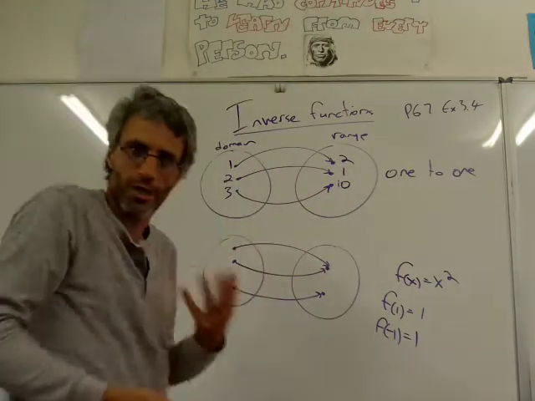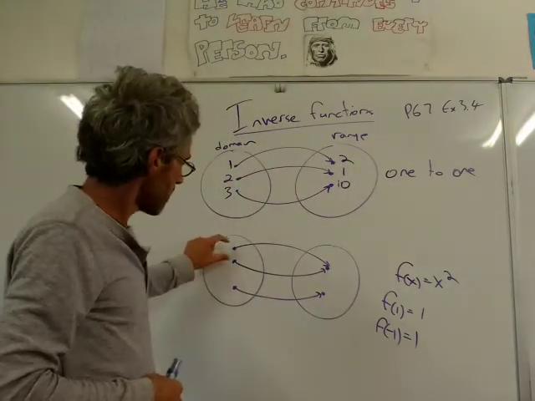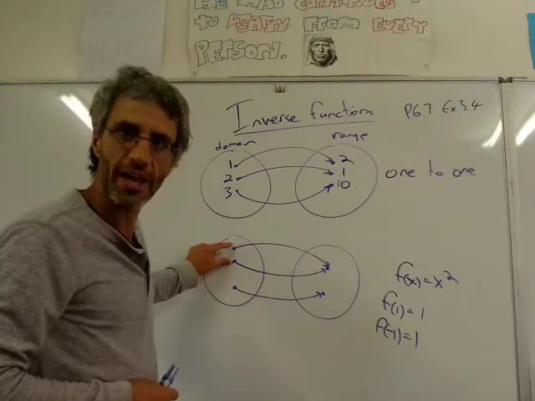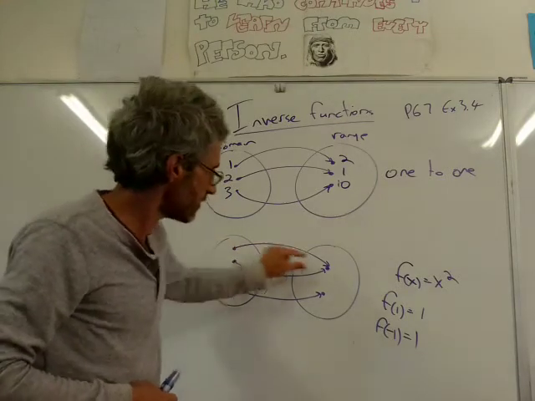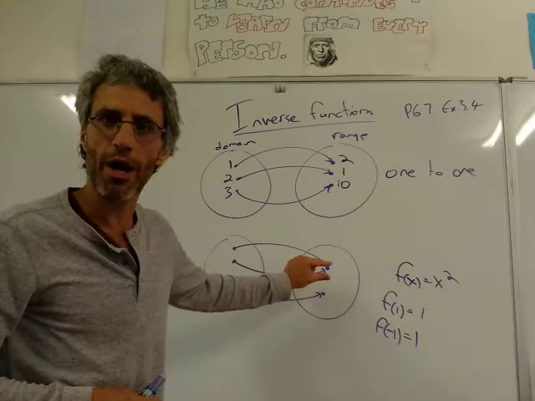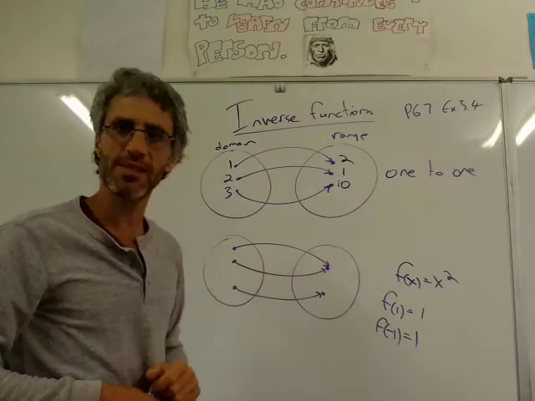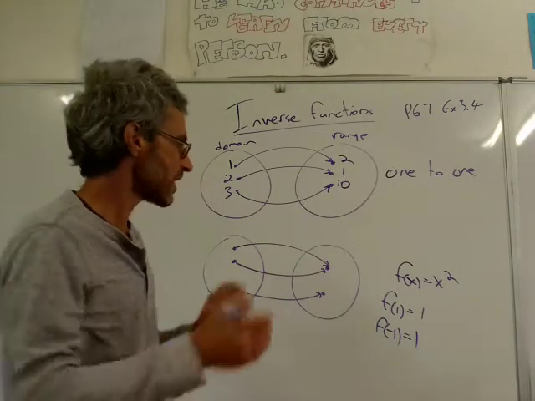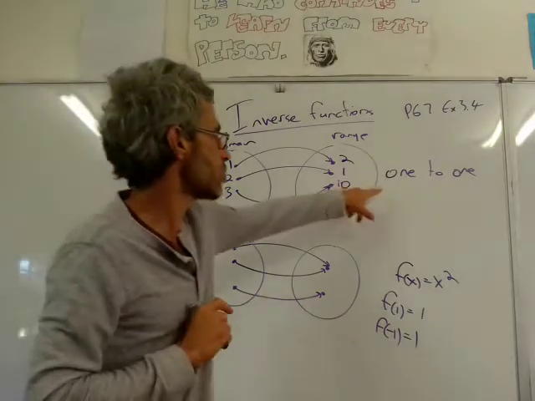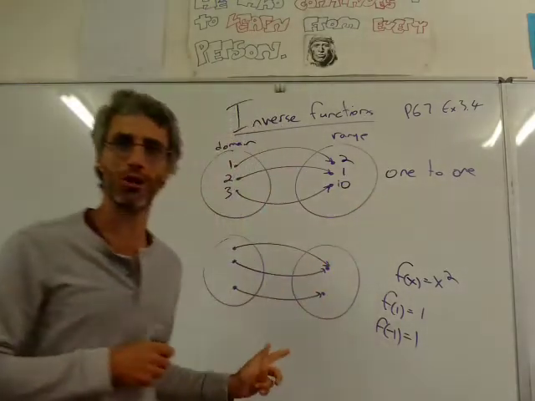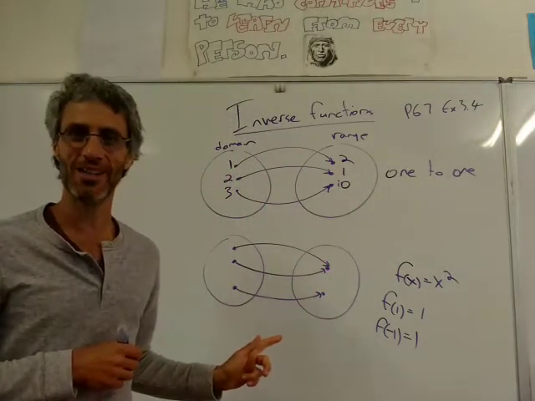So pictorially, what does it look like? You can have two values of x that assign the same y. The machine gives them the same y value. That's not one-to-one. That is one-to-one. This is not one-to-one. Are we all right with that?